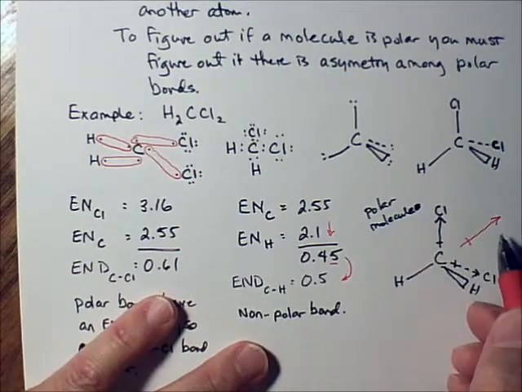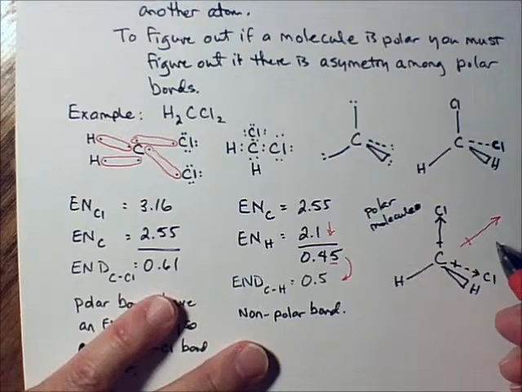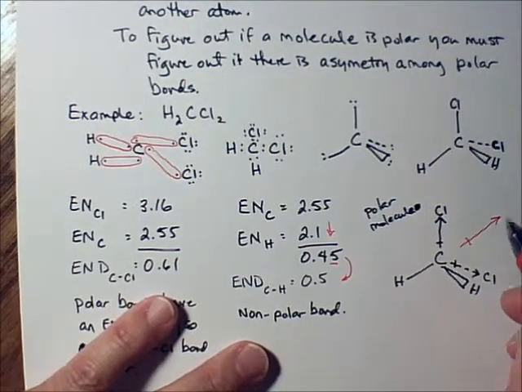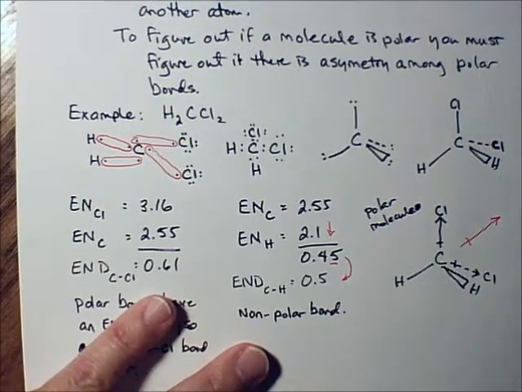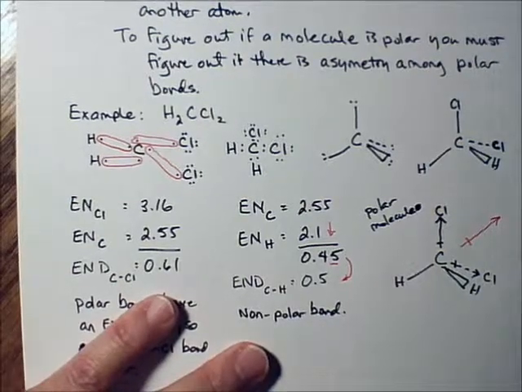So the molecular dipole lies in that direction. This is a dipole moment for the whole molecule. These arrows on the bonds are the dipole moment for the bonds. Okay, so that right there, you put the dipole moment for the whole molecule in between. Yeah. Okay. You can think about it that way. That's a good way to think about it. That's the way I think about it, actually.